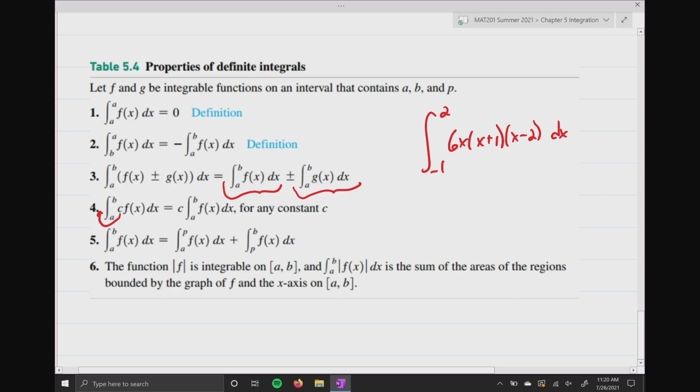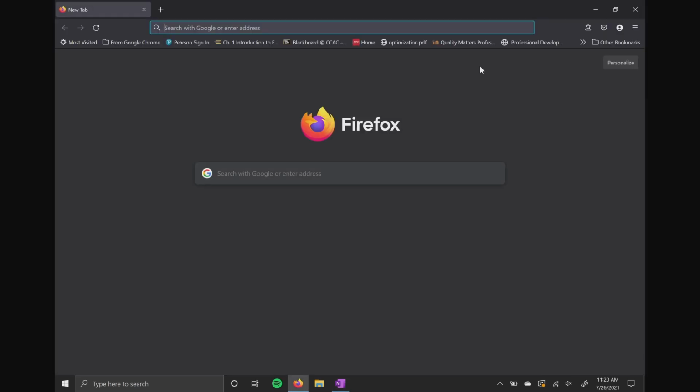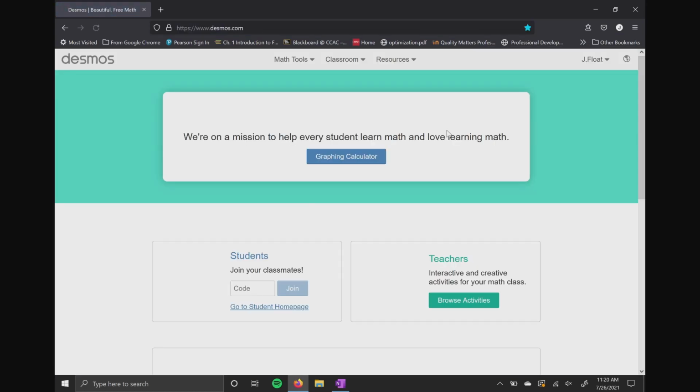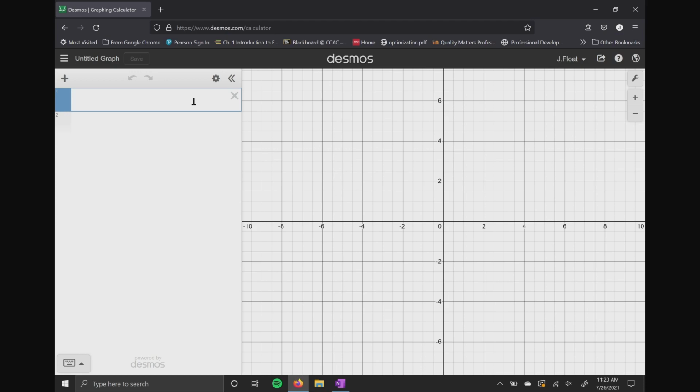Now, what's going to happen here is, and let me show you what this looks like. Let me get out Desmos real quick. All right, so when we look at this function graph, that's going to be 6x times x plus 1 times x minus 2.